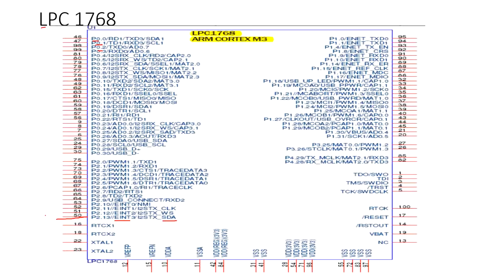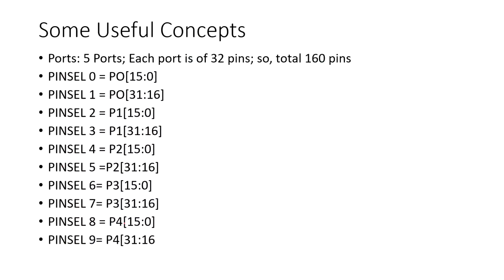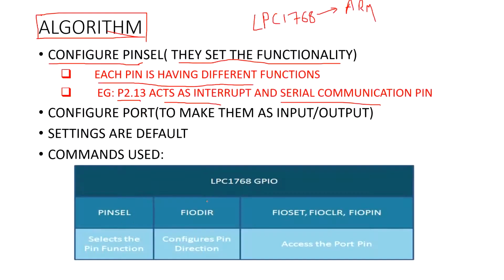But at a time, the 13th pin of port 2 has to do only one function. Either it should act as an interrupt or it should act as a serial communication pin. Right? So it means we have to set a functionality. We should tell the 13th pin of the second port that either you should act as an interrupt acceptor or you should act as a serial data communication pin.